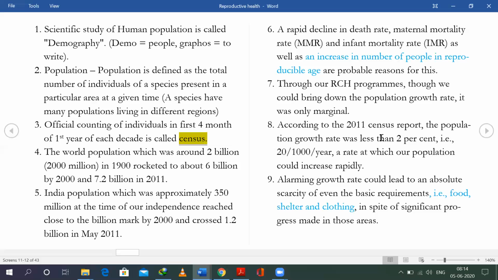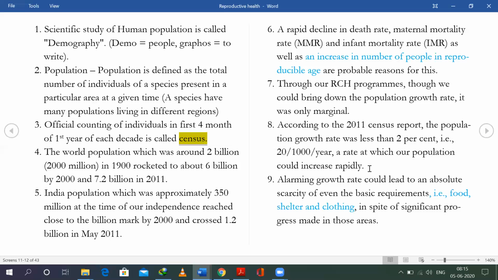According to the 2011 census report, in India the population growth is less than 2%, and a small percentage of increase could lead to the population growing in huge numbers. Because we already have the existing population in very huge numbers, 1.2 billion is not a small number, and even a small growth of less than 2% can increase the population to huge numbers.